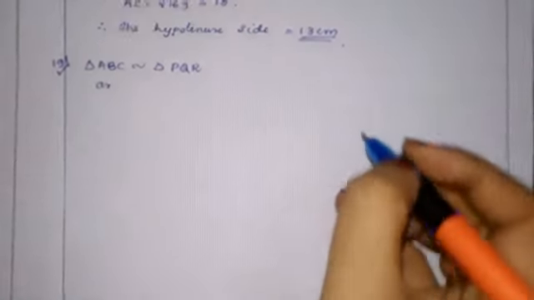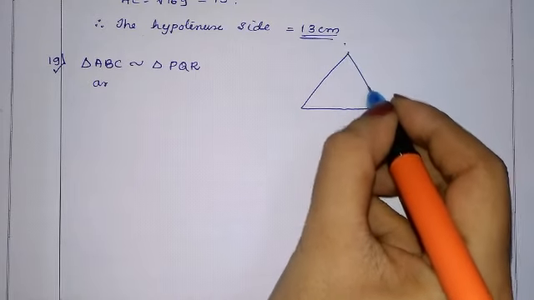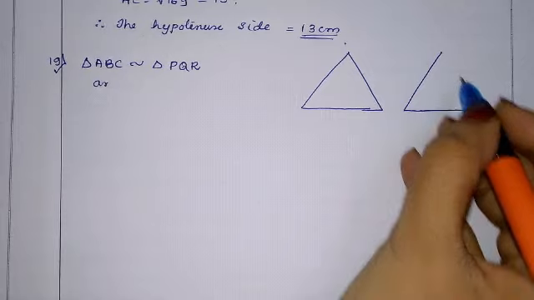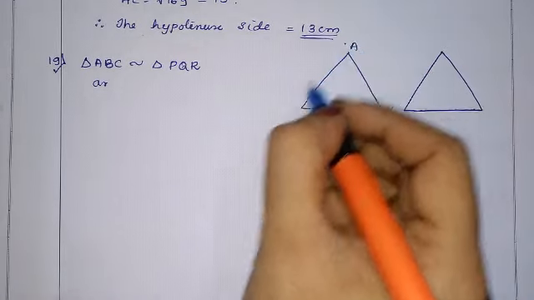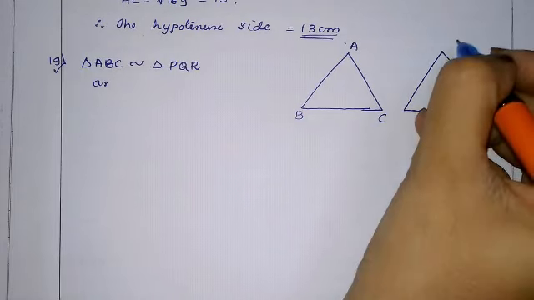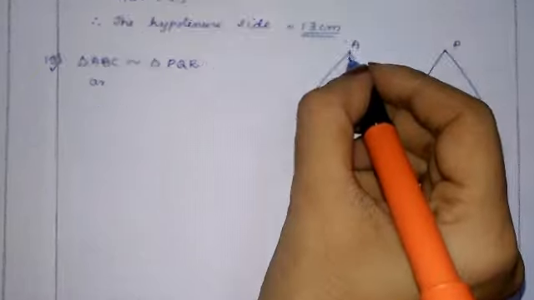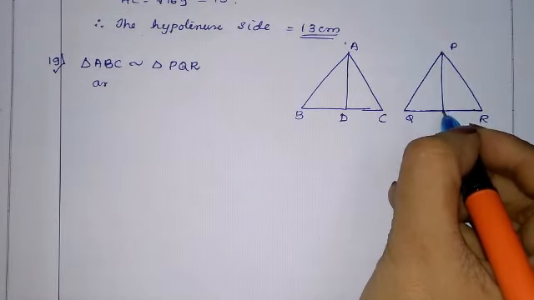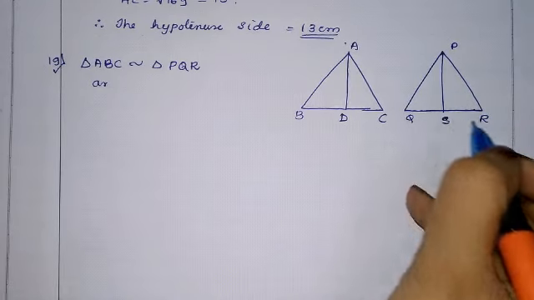To solve this problem, you can roughly draw the figure also, so that you do not get confused. So I'll draw triangle ABC and PQR. AD is the altitude, and PS is the altitude.